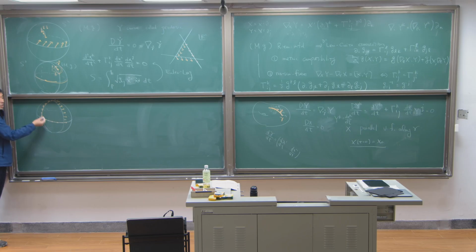Okay. So if the manifold is curved, somehow it's non-trivial, it's not flat, there's a difference between the initial vector and the final vector by doing parallel transport.